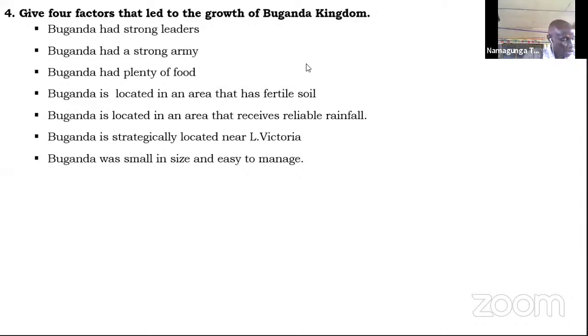Then the position of Buganda near Lake Victoria also protected it from its enemies. Then the last one, you could also talk about Buganda was small in size and was easy to manage. So those are some of the factors that led to the growth of Buganda.